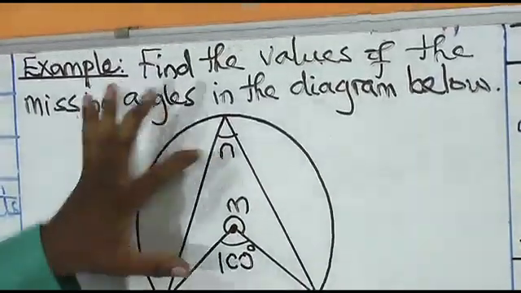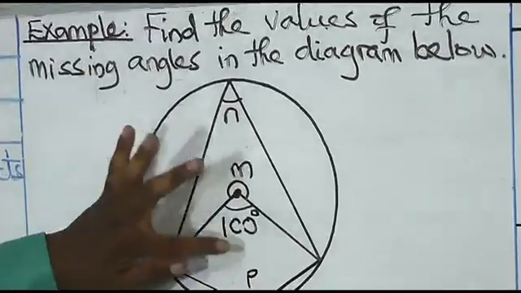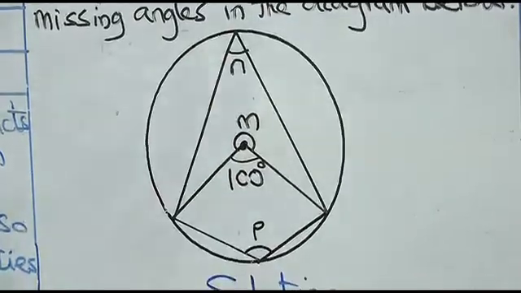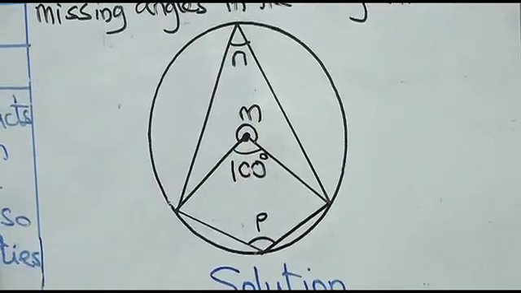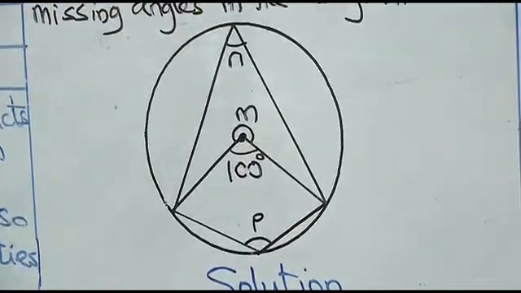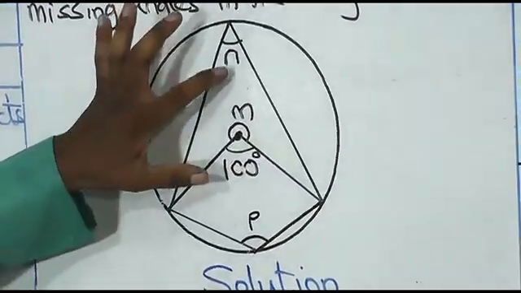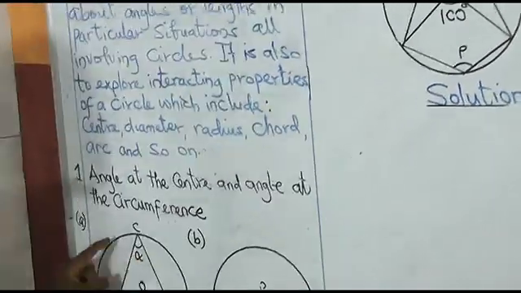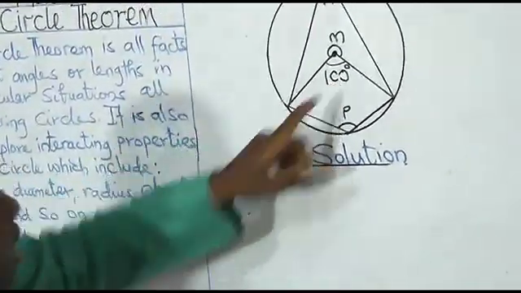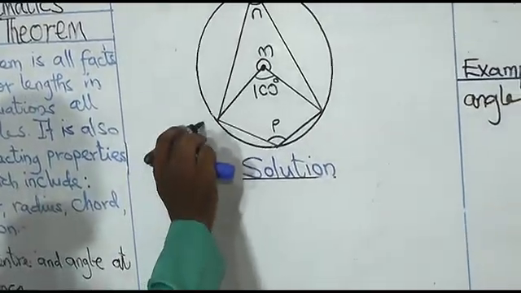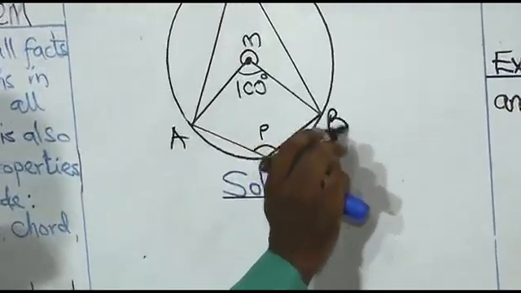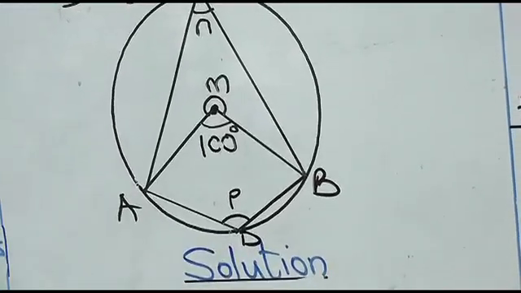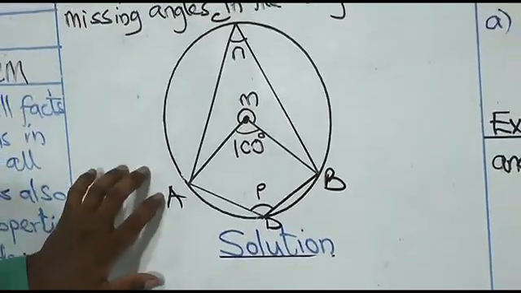And we have 3 missing angles: angle P, angle M, and angle N. Now we're going by the first, N, because N is relating to the theorem we have here in A. Label all the points.